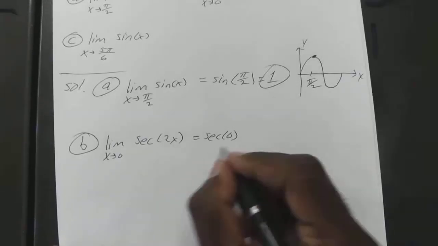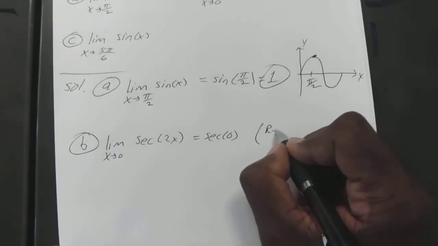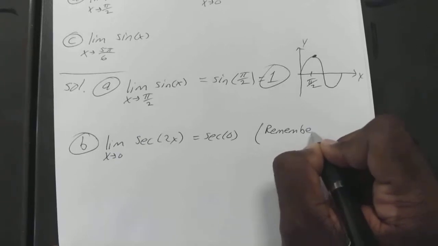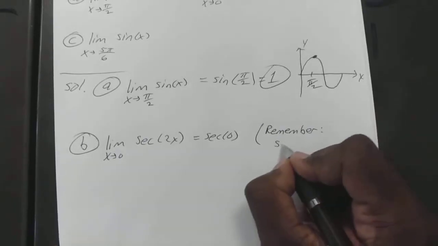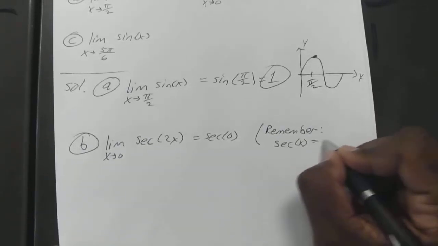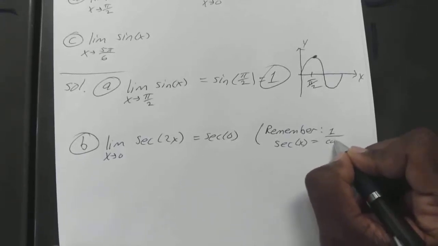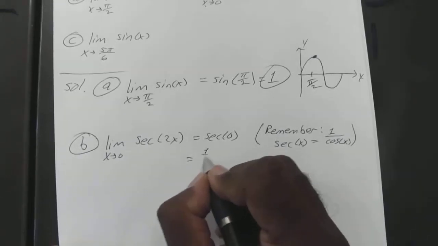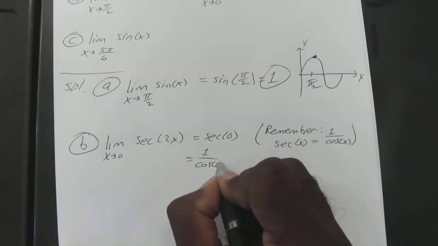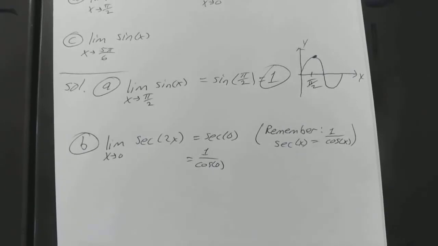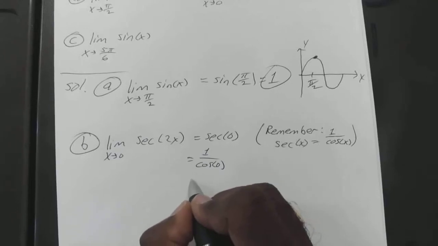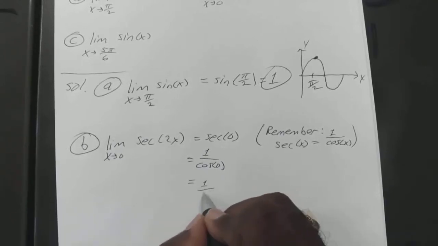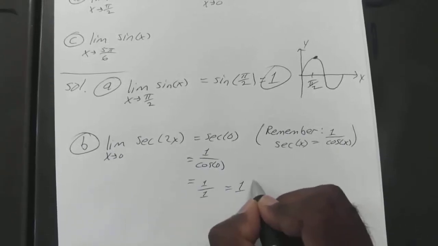Now, if you remember, secant of x is equal to 1 over cosine of x. So secant of 0 is 1 over cosine of 0. Since cosine of 0 is equal to 1, you just get 1 over 1, which is 1.